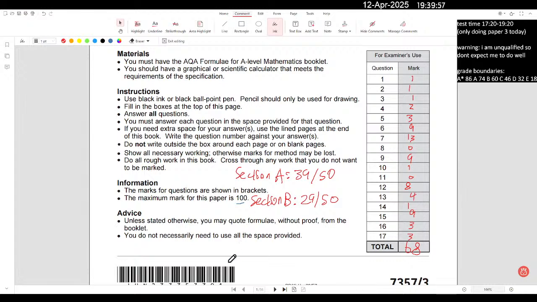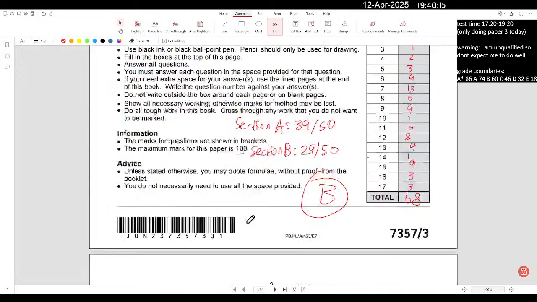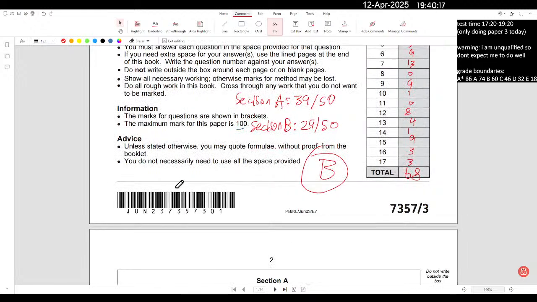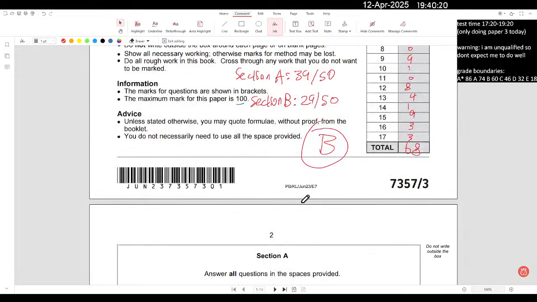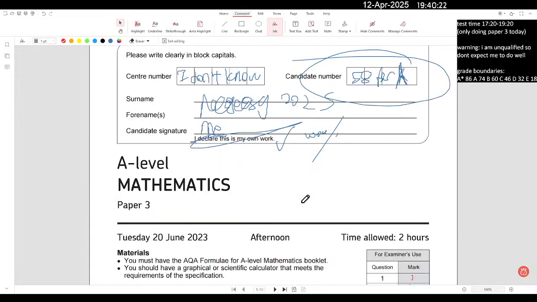That is, well, according to grade boundaries, that is a B. Did not get an A this time, which is unfortunate, but yeah, B. Still alright. But now the question is, what did I get in total for all 3 papers? Well, for the overall result: paper 1, I got 65 out of 100.